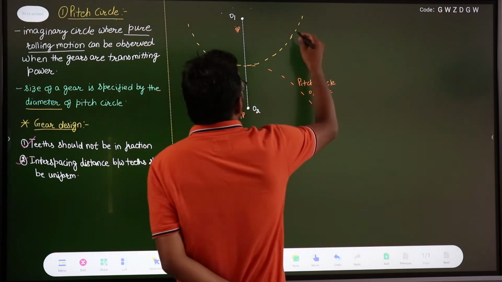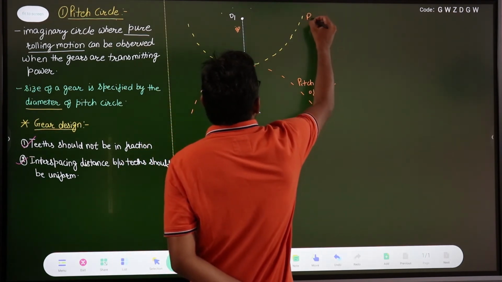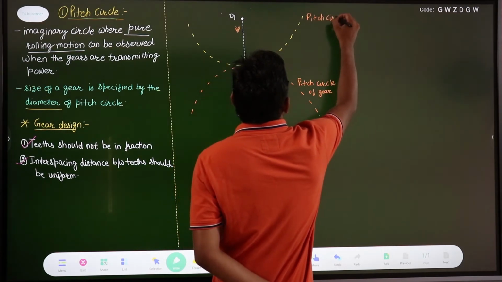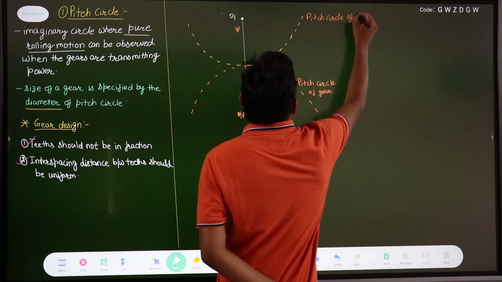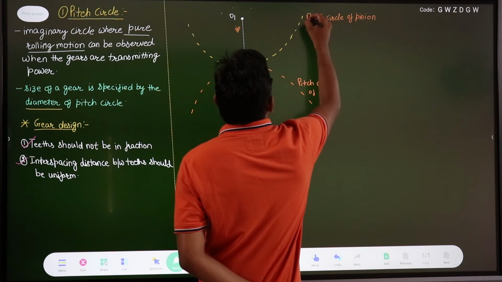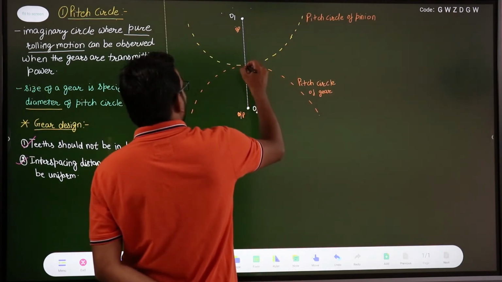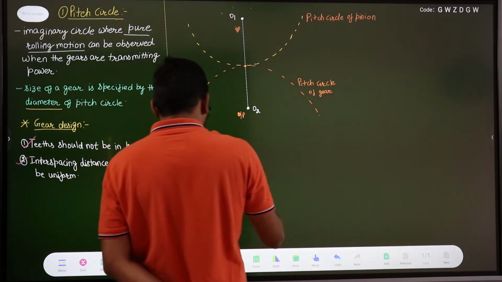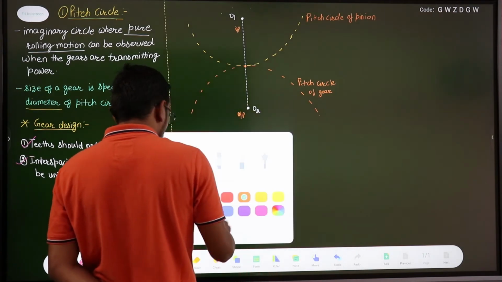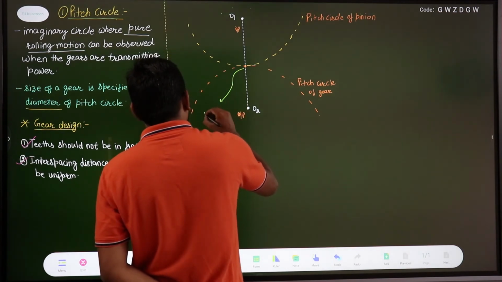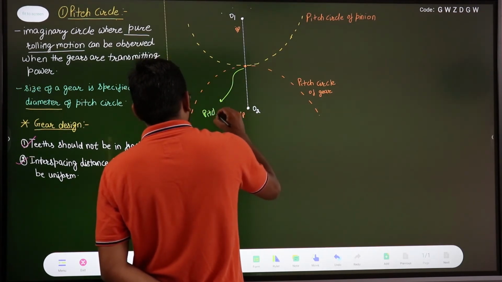Where these both circles cut each other at this point, this point is known as the pitch point.